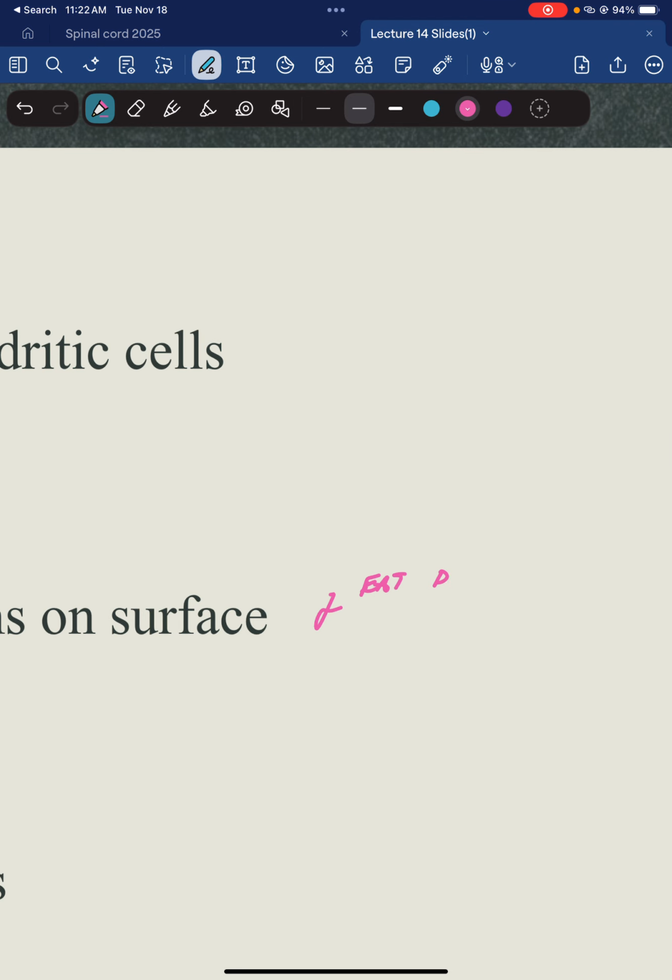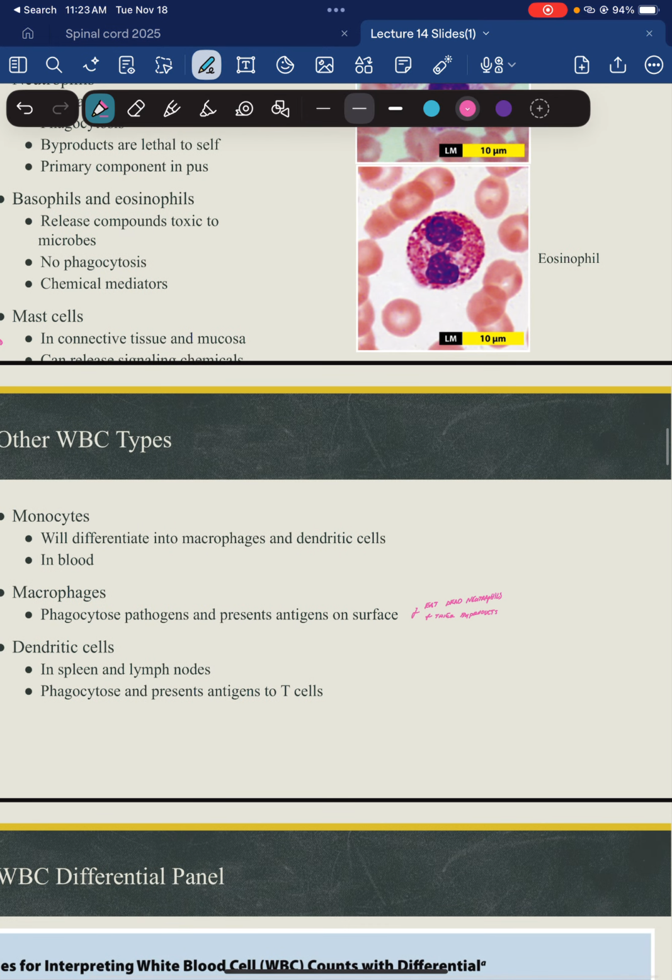Dendritic cells are very similar to macrophages, but a little bit more specific. Macrophages go around as a cleanup crew. Dendritic cells connect wherever you get the infection to your lymph nodes.